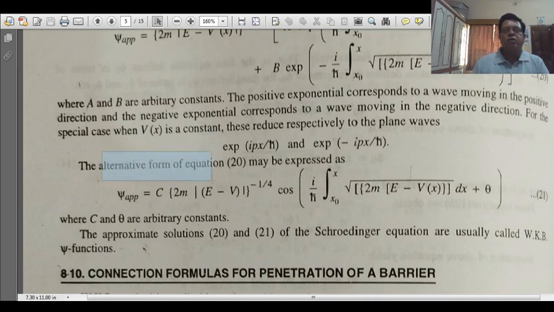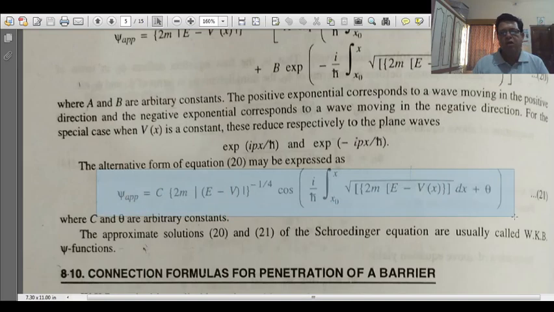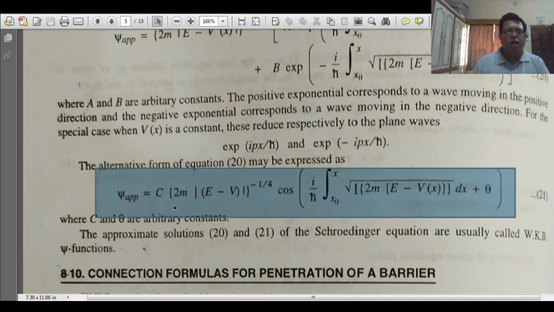What is the alternate form of equation 20? The alternate expression is given by psi approximate solution equal to C times twice m into E minus V raised to minus 1 by 4, cos of iota upon h cut integral from x0 to x under root twice m into E minus V x dx plus theta.